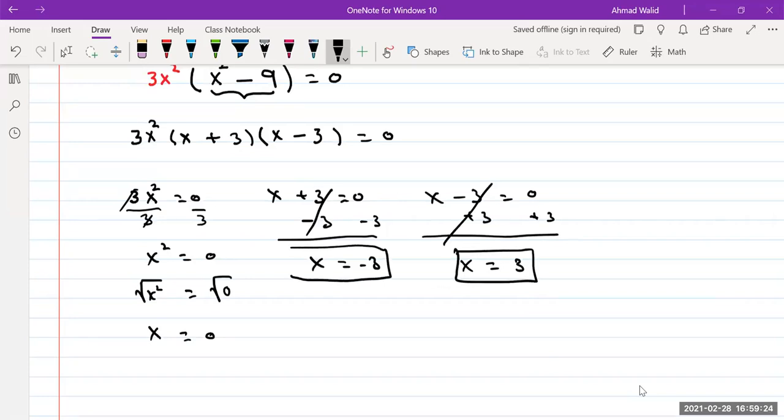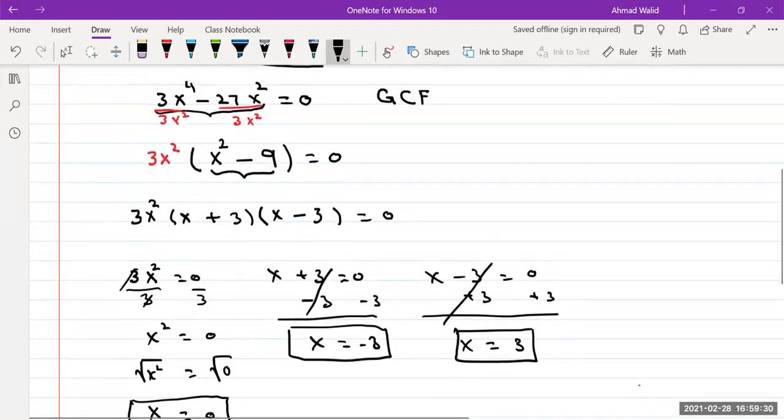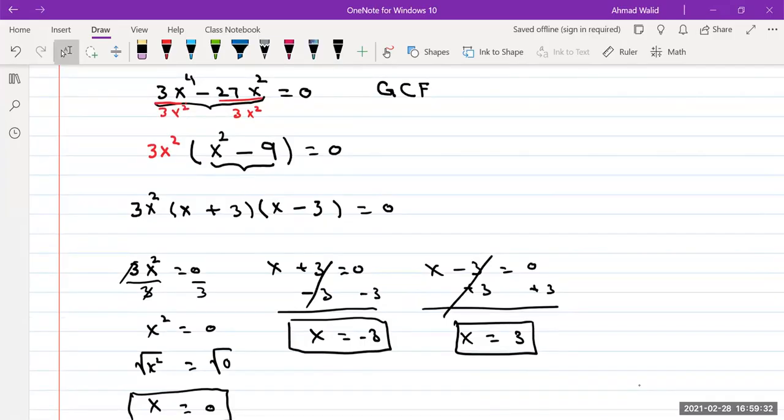How many answers? At least 3 answers. What was the degree of the equation that they give me? Degree 4. If it's degree 4, it means I have maximum 4 solutions or less than 4 solutions.